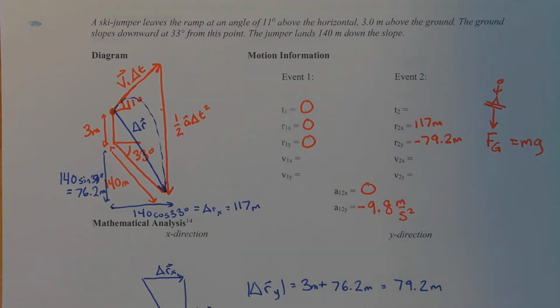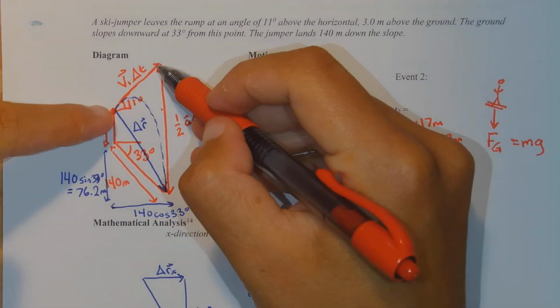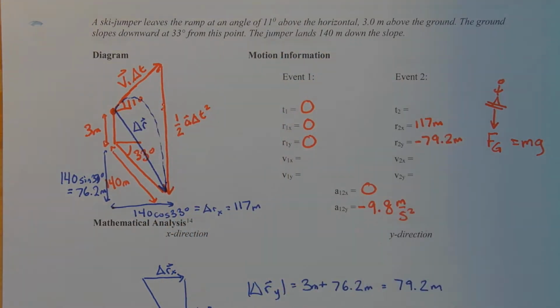So I have v1 times delta t, the x component, that would be cosine of 11 degrees, is equal to delta rx, which is 117 meters. Okay, so the x component of this vector has to equal the x component of the delta r vector. Okay, now I think I'm still stuck because I don't know the initial velocity and I don't know delta t. So now I'll look in the y direction.